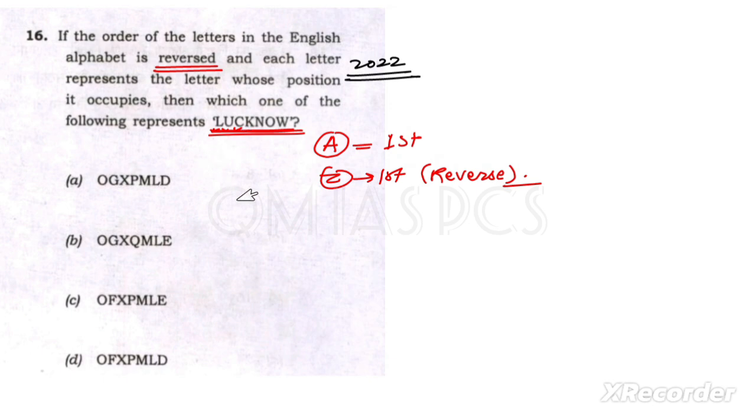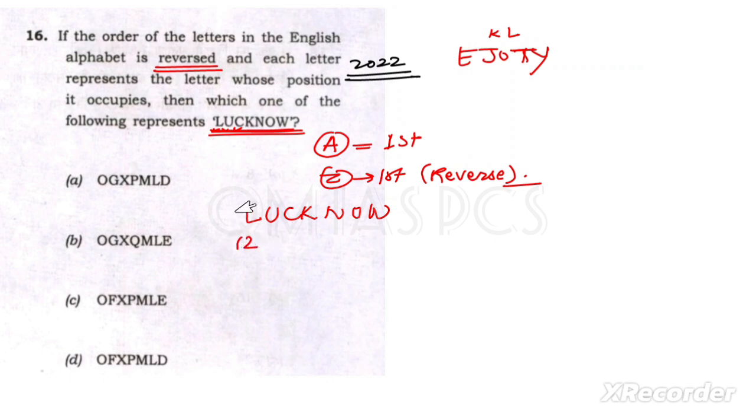So first write the ranking of the letters of Lucknow. L is equal to what? I, J, K, L means 10, 11, 12. It will be 12. U is equal to what?